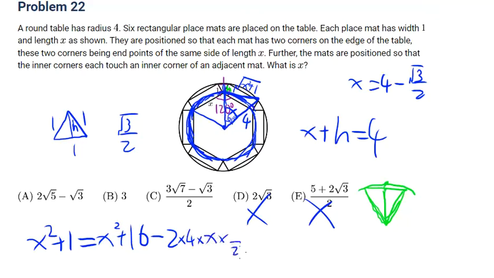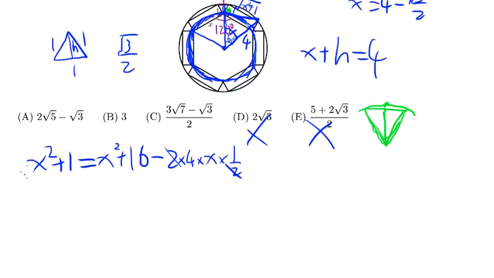Cosine 60 degrees is 1/2. So these two cancel each other out. We have 4x equals 15. Wait, what?